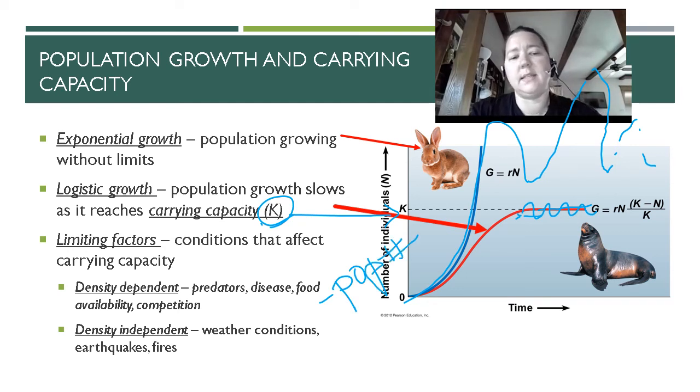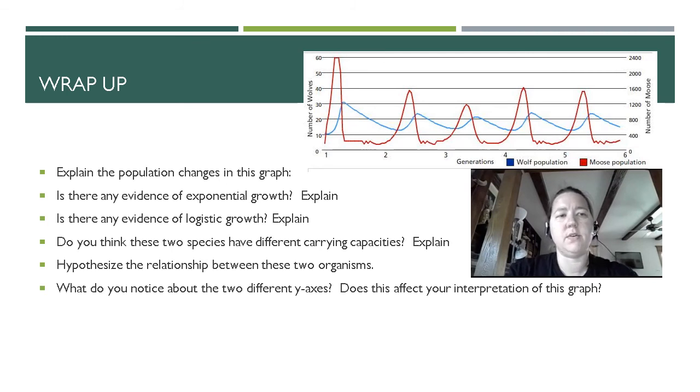And then in density independent, it's whatever. So density dependent: predators, disease, food availability, competition, so on and so forth. Density independent: weather conditions, floods, fires, earthquakes, volcanoes, blizzards, that kind of stuff. So it would affect the population no matter how many there were. So it depends. Okay.